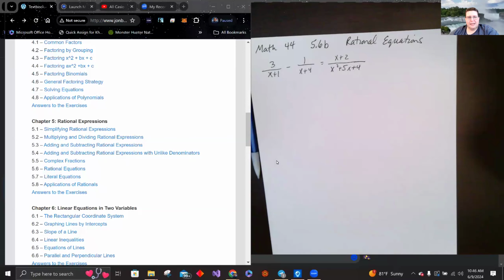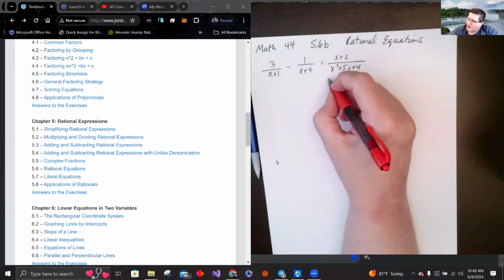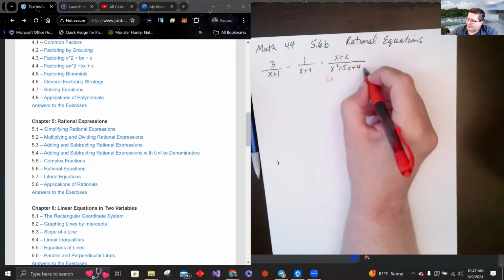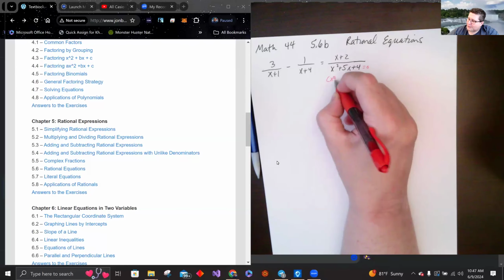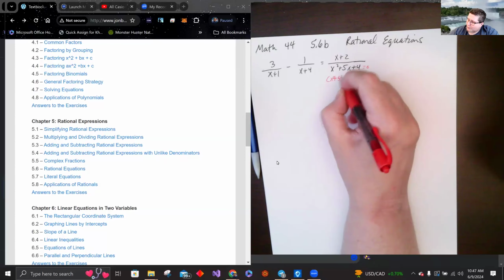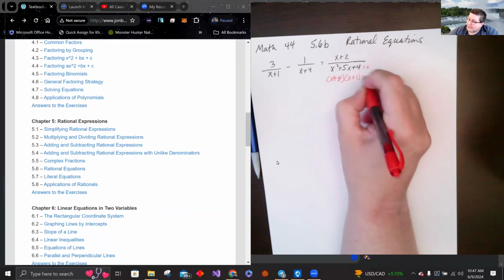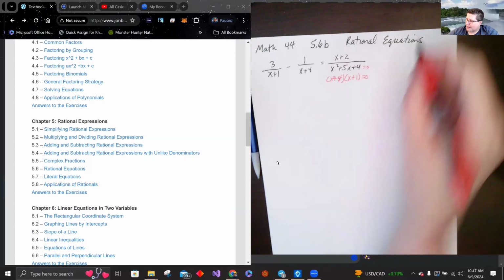The thing we want to do is find the domain restrictions. To do that, I'll factor this. We're setting it equal to 0. We factor it. We get x plus 4 and x plus 1. So both of those are domain restrictions.